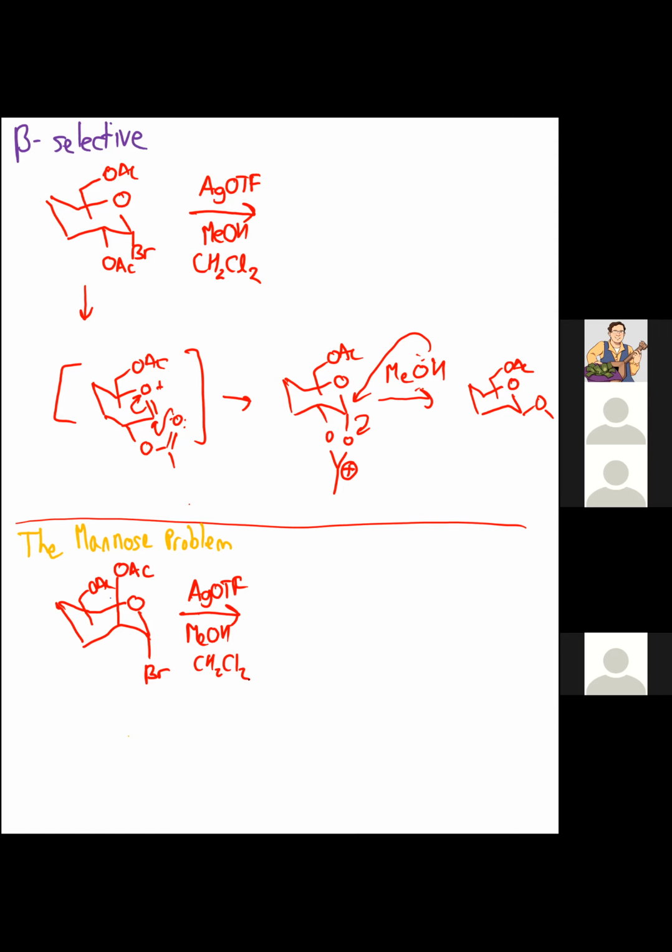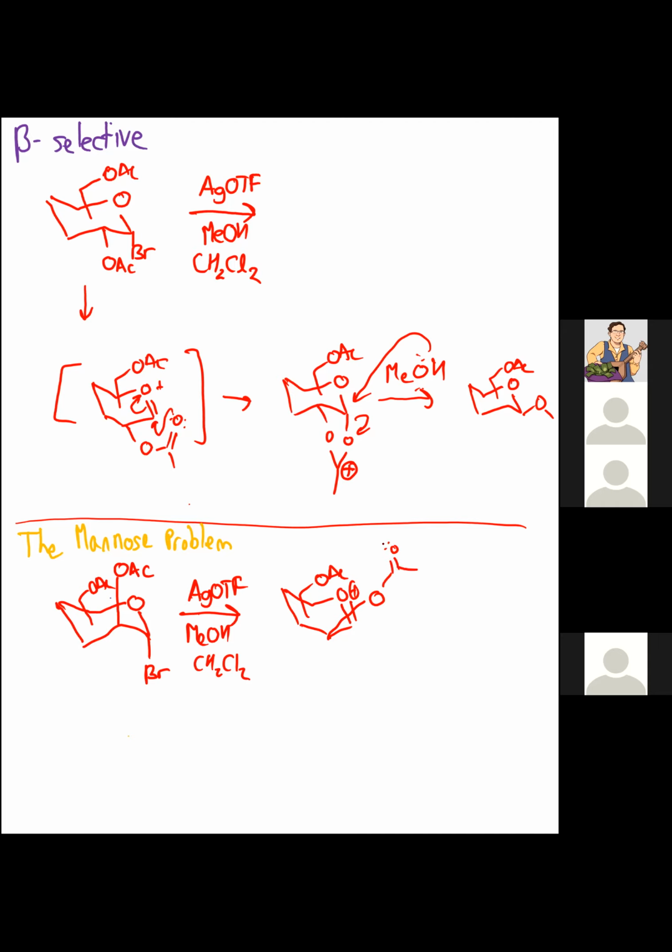Because your acyl group is axial, so there's nothing blocking the face, and then there's nothing else directing selectivity. So that's exactly what happens.